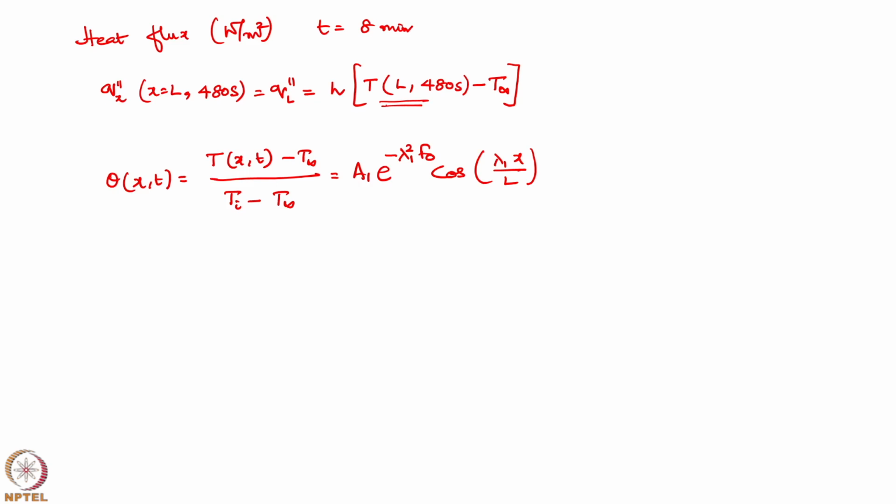At x equal to 0, theta of 0 comma t, I can get this directly, that is A1. What is my A1?